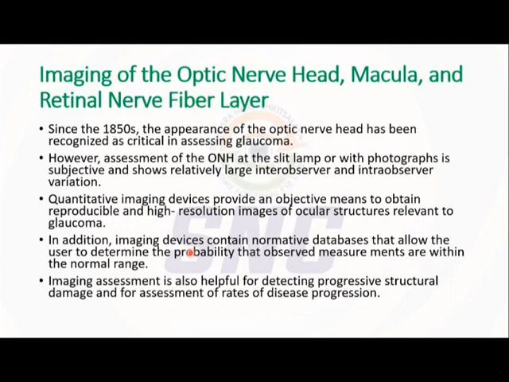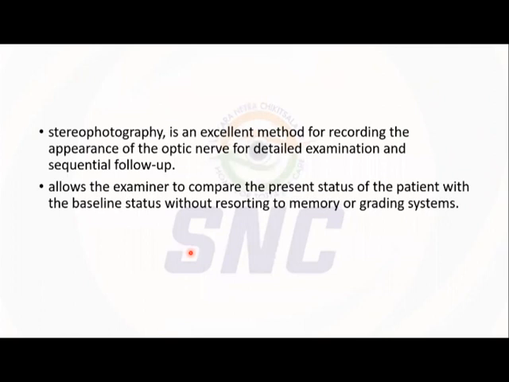Next, imaging of the optic nerve head, macula and the retinal nerve fiber layer. Before that, I just want to mention about DDLS. Do you know about DDLS? Disc damage likelihood score.